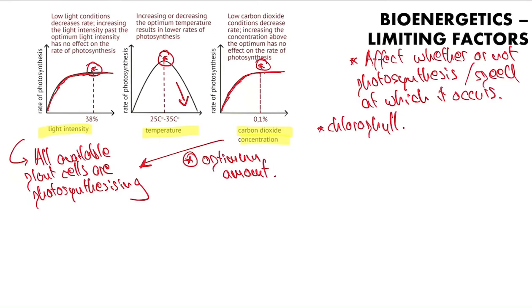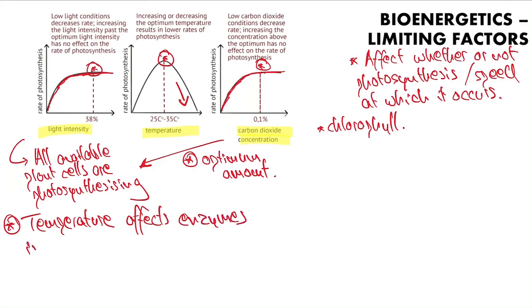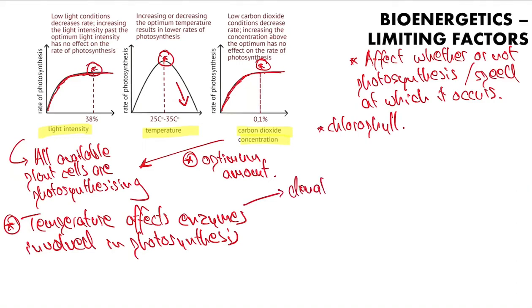That's because temperature affects enzymes involved in photosynthesis, which means if they get too hot, they denature, which means they don't work.